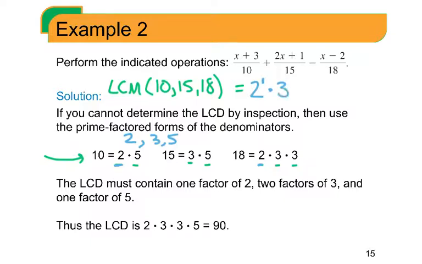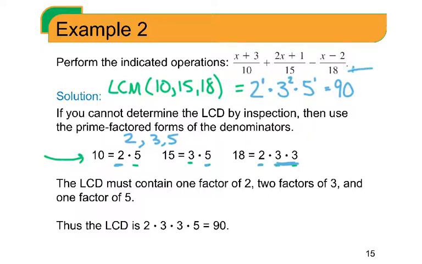How many 3's do I want? I see 2 3's here, so I need 2 of those. How many 5's? I have 1 5. So this is going to be 2 times 9 times 5, or 90. That's my least common denominator.